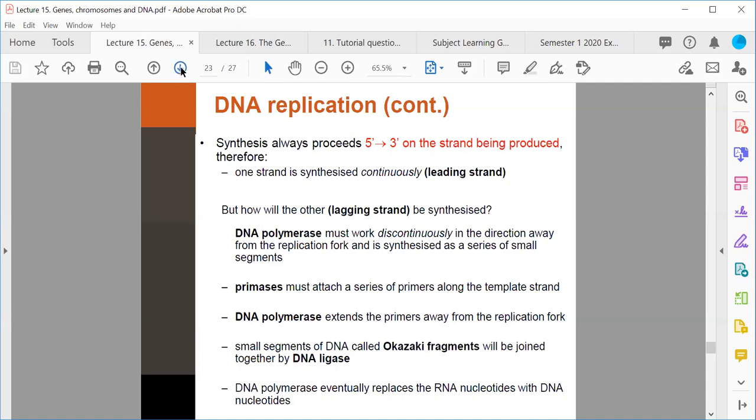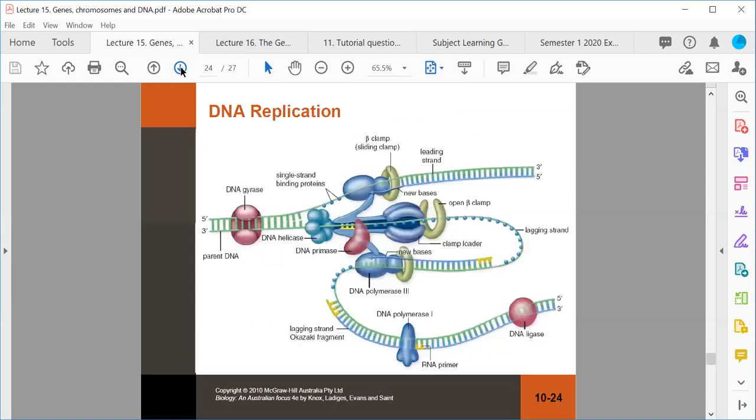So that's essentially the basics of DNA replication. We can see the process there, from your prescribed textbook. It's quite complicated, and that's why I prefer to draw the process, just to simplify it.